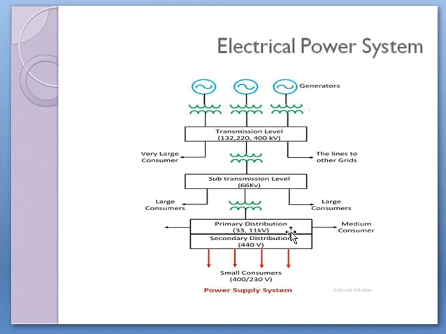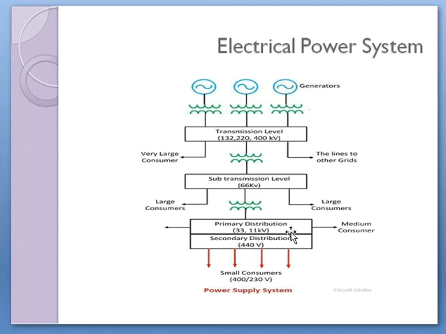And this 3-phase 440 volts enters into the colony end substation transformer, where each of the phases is fed individually to the households, catering to the load of the house.